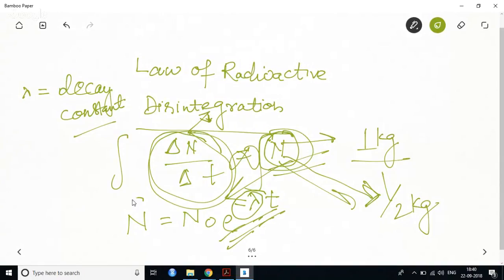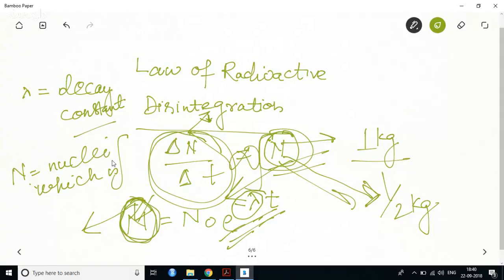Now, what is this value N? Is this the value which has already been disintegrated, or is this the value which is left out? Always remember N is the value which is left out, not disintegrated. Guys, this is very important.